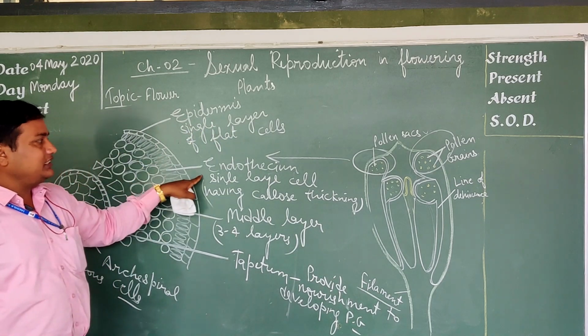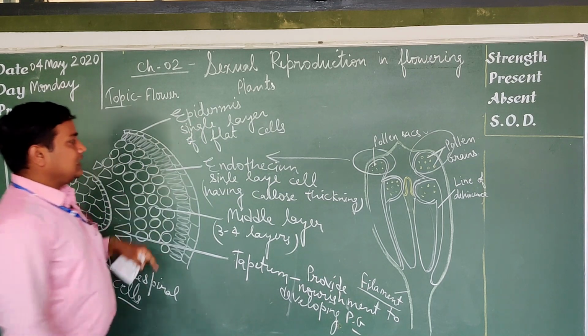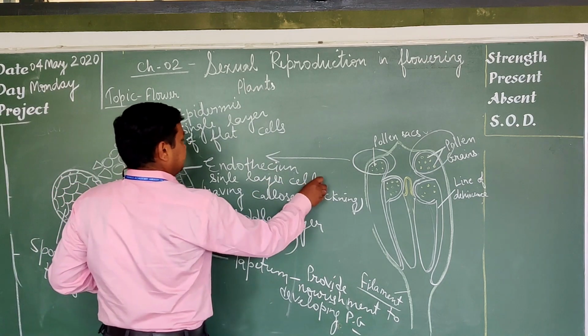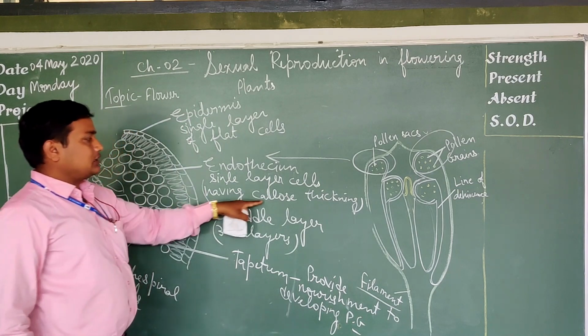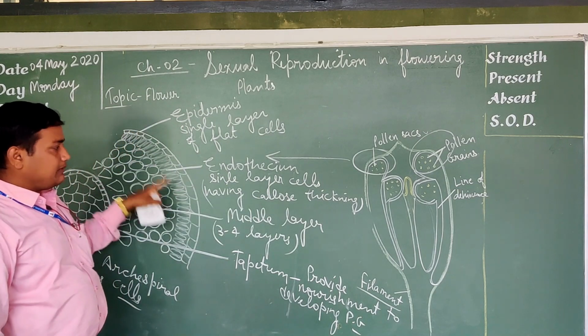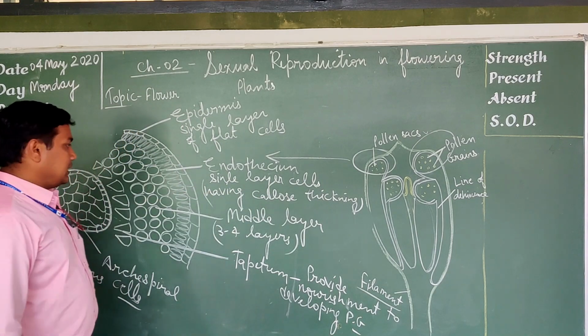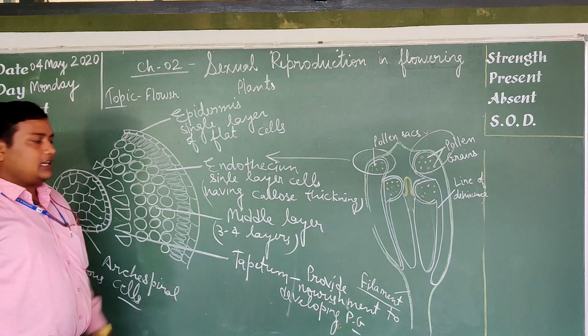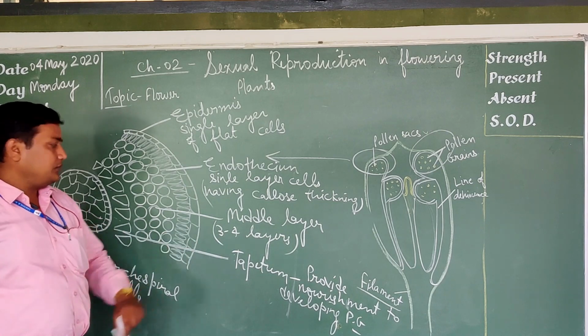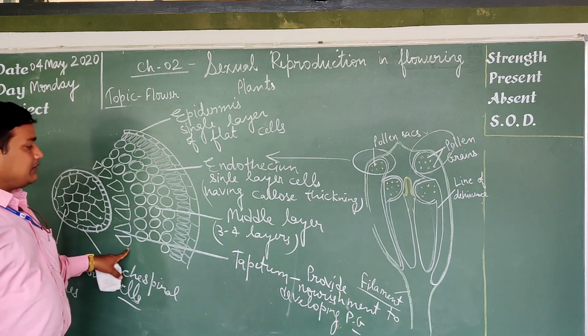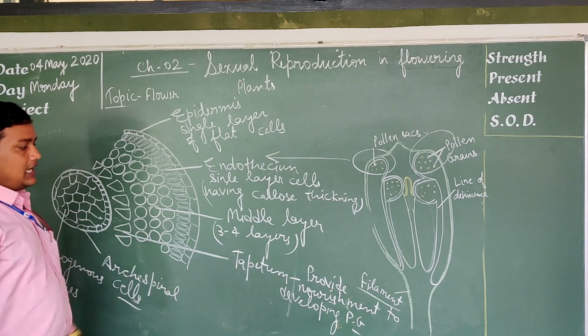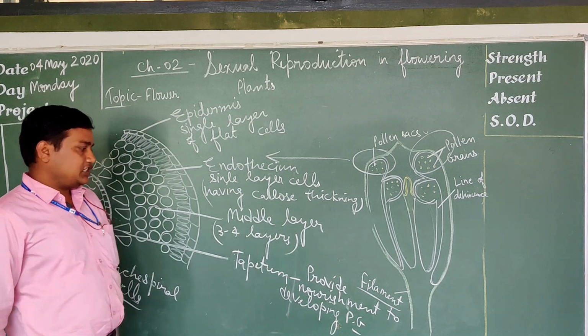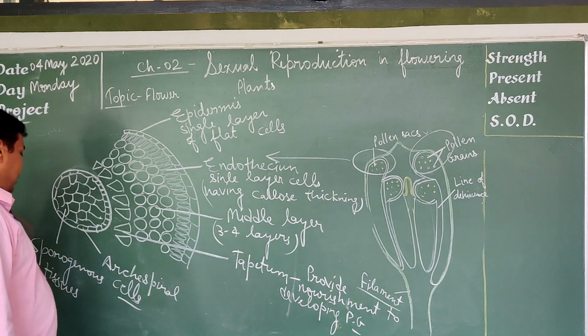The second one is the endothecium. Endothecium is a single layer of cells having callose thickening, so it is thickened by callose. Callose is a carbohydrate. The third layer is the middle layer, composed of 3 to 4 layers. The innermost layer is known as tapetum, and it provides nourishment to the developing pollen grain.